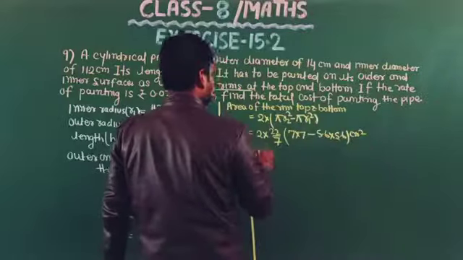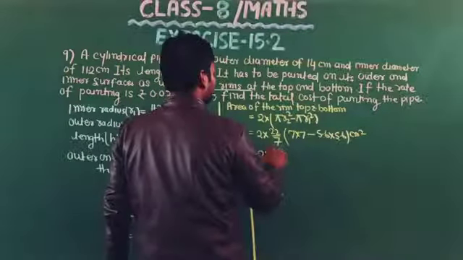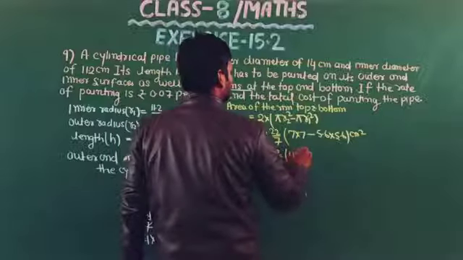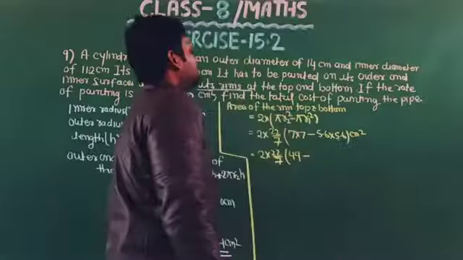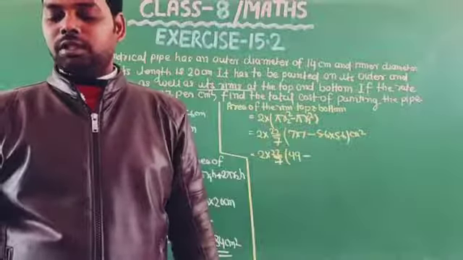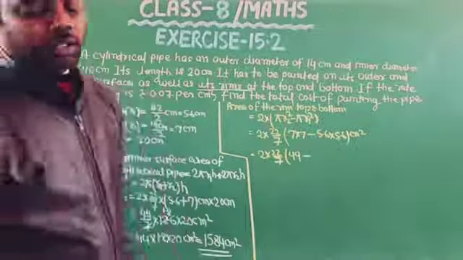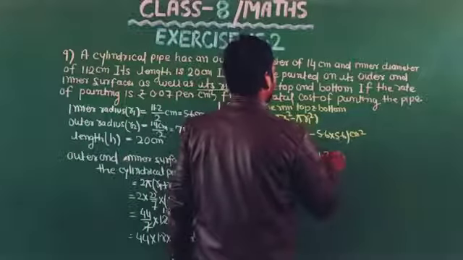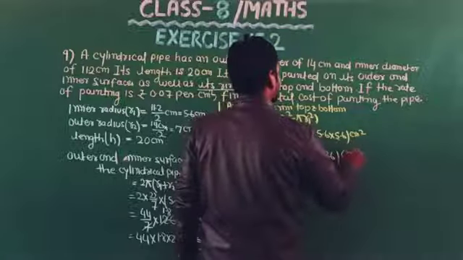So this is 2 into 22 by 7 into 49 minus 5.6 into 5.6, which is 31.36 centimeter square.